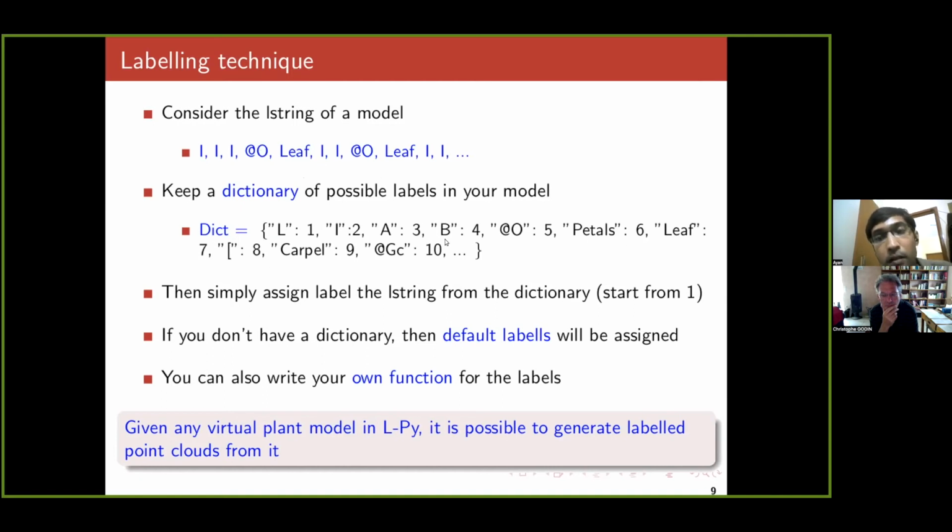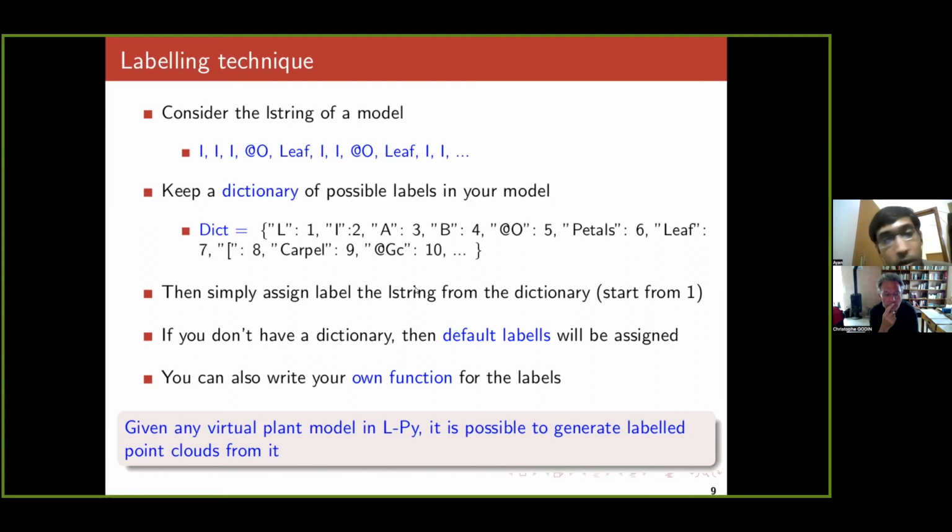So the sequence of order is maintained, but the relative position is not considered. It always starts from 1, 2, 3, and so on. But you can change the leveling if you want. Okay. But this is for your own customization. So you can create your own dictionary according to your application or as you wish.